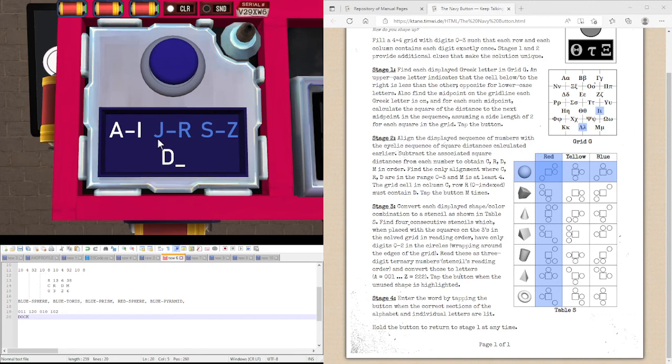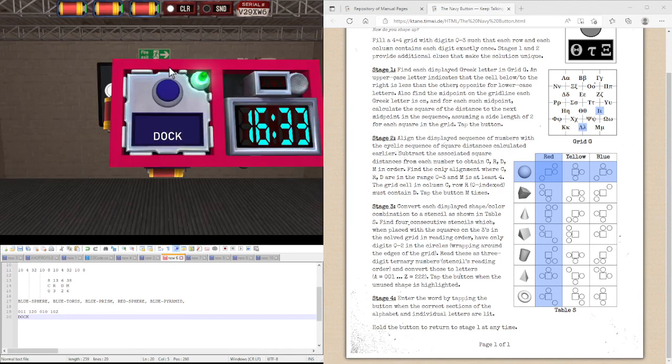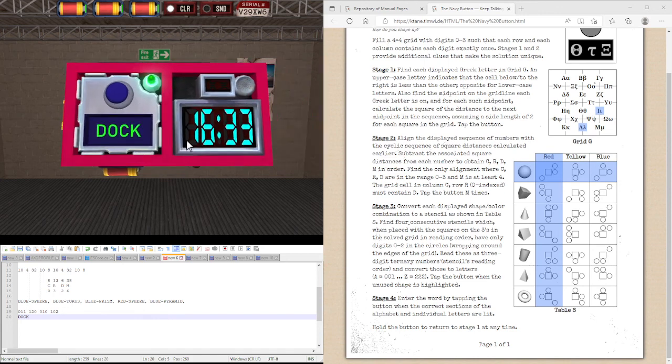So O is going to be in this middle section, and then middle, and then last. Then it's going to be first, last, and finally K is going to be in the middle one again, first, middle. And we get to a module.